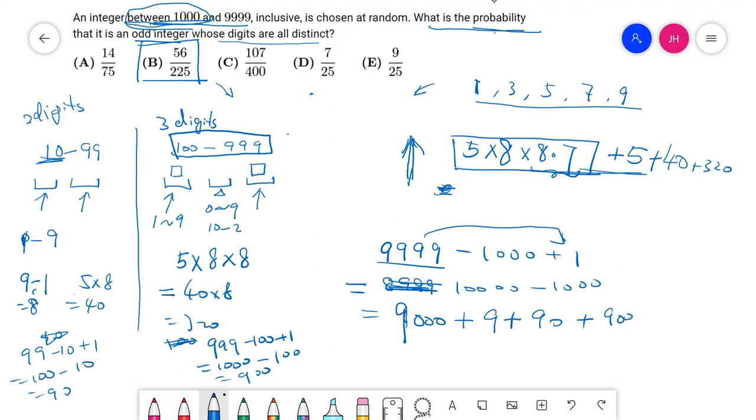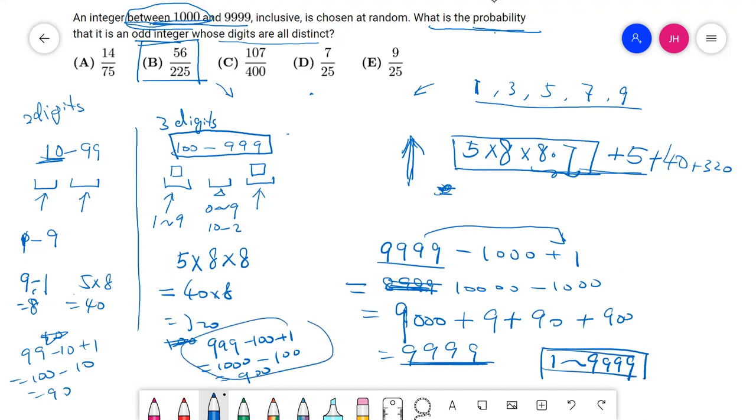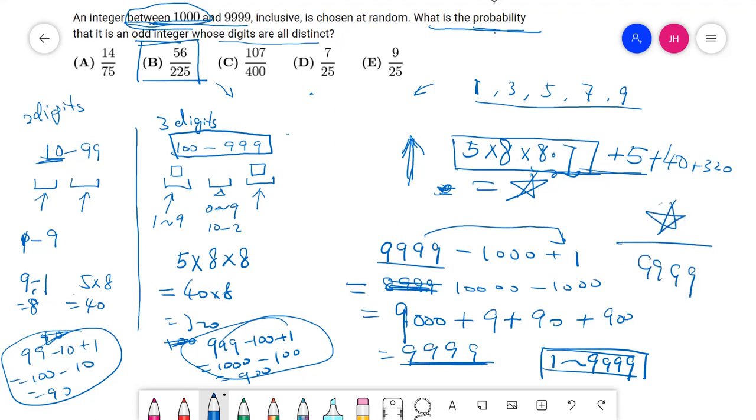So this equals 9999. Good. And actually that's between 1 and 9999, right? So this is easy. We don't have to do all the calculations here and here. For this one, we'll do the calculation and get some number. Let's say that's a star. Then we'll take a ratio, star over 9999. So that'll be our answer.